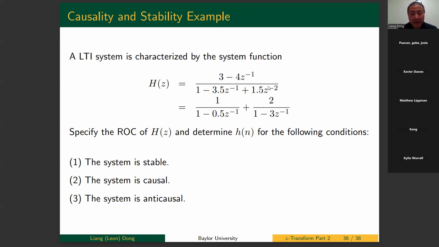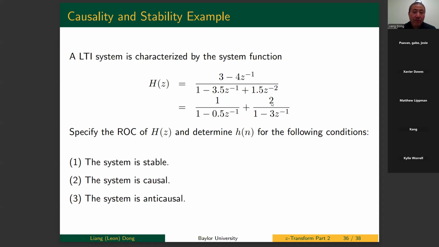So I have done the partial fraction expansion for you. The denominator, you can factorize into two parts. So those are the two poles. And then the numerator, I can actually calculate it because it's a proper rational function.